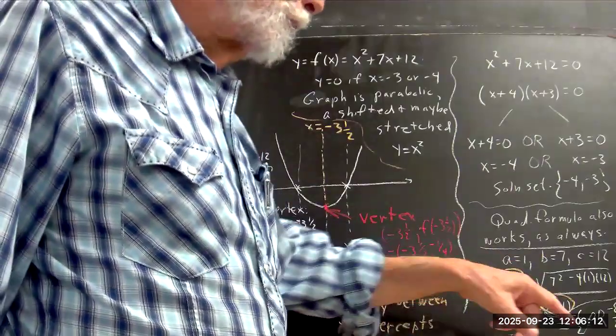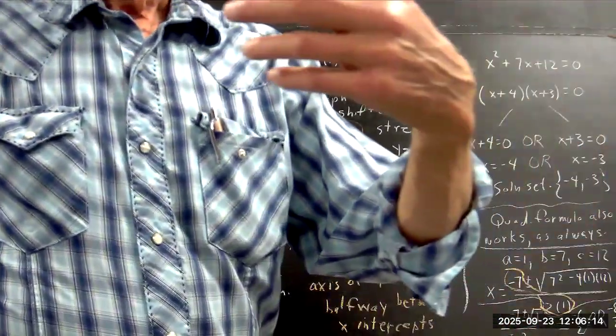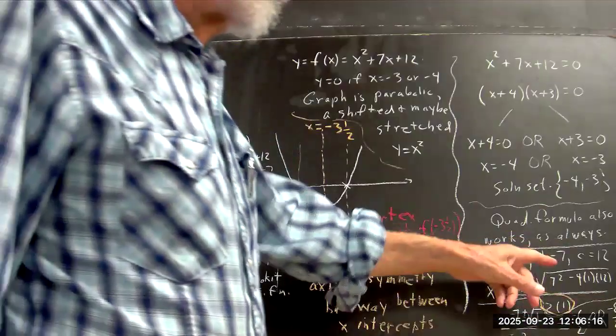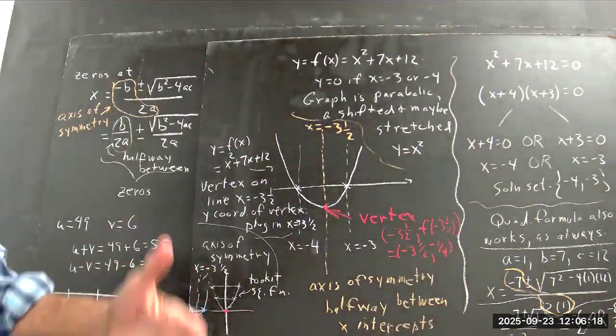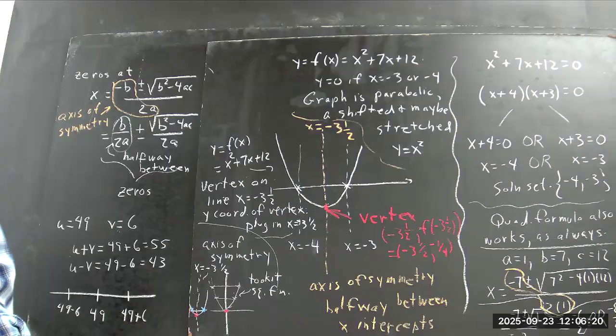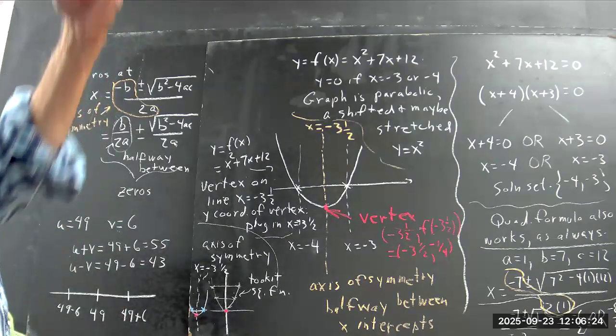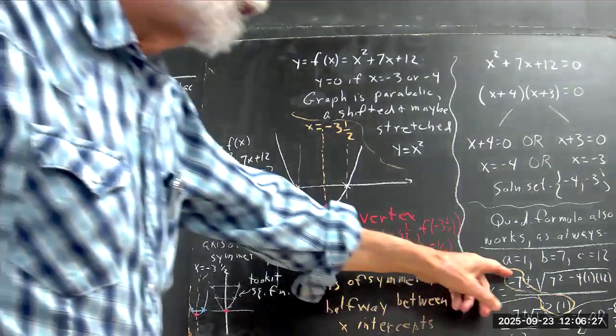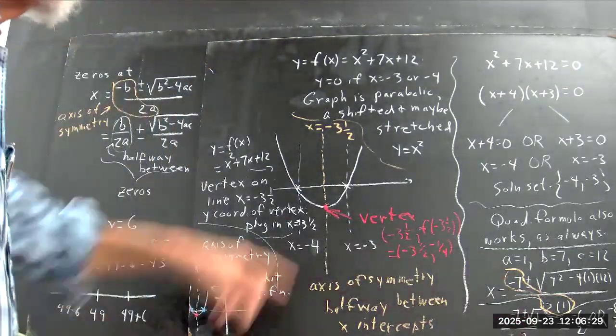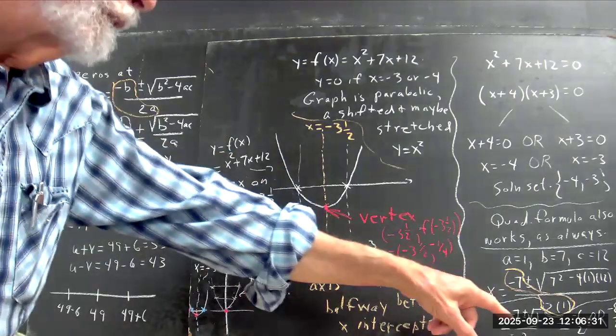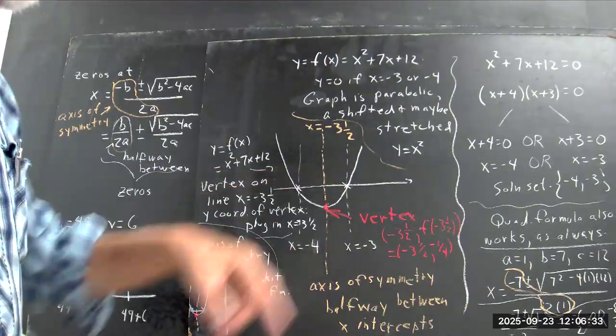It's -7 over 2, halfway between your zeros, as it has to be if your graph is going to be symmetric. So you can immediately read off what the axis of symmetry is, and you can immediately see what the zeros are.